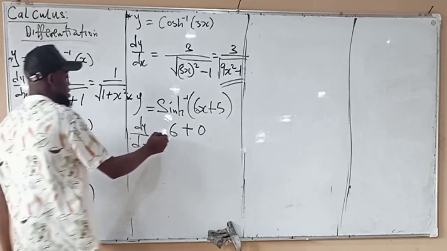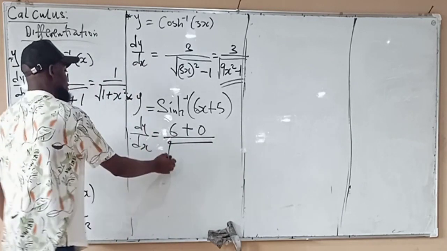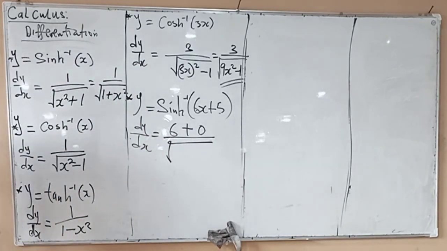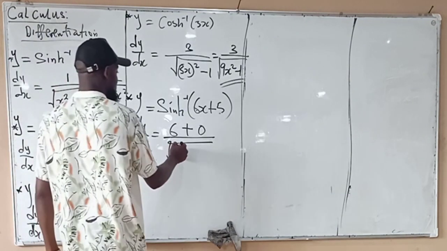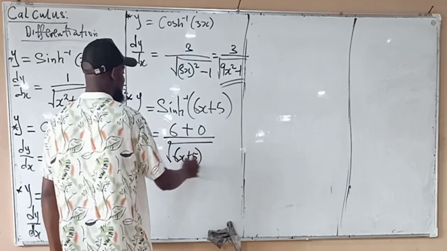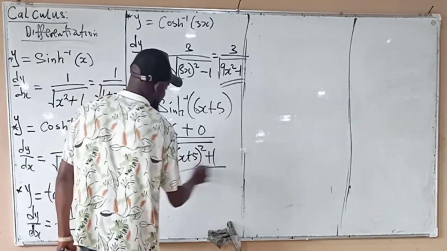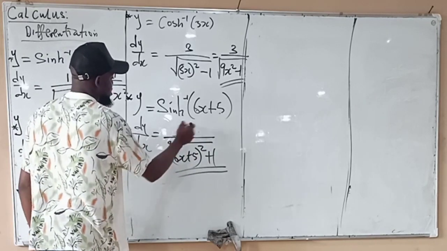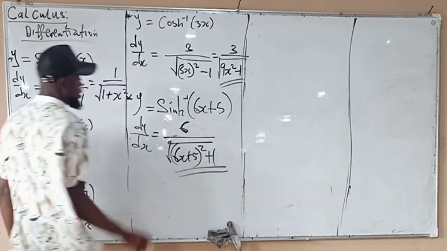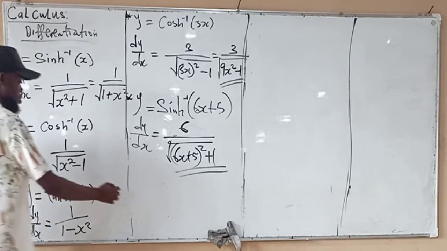The next thing, divided by the square root of, for sinh, you have x squared plus 1 or 1 plus x squared. Here x is 6x plus 5. That's what is acting as x there. Answer. So we are going to have 6 over the square root of (6x plus 5) squared plus 1.